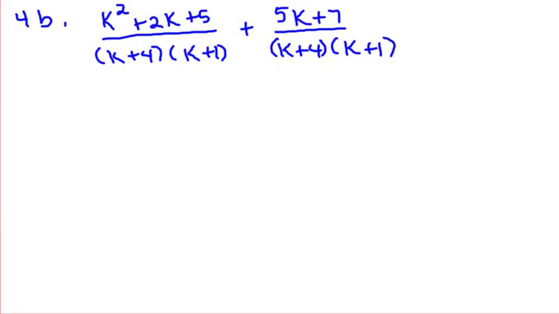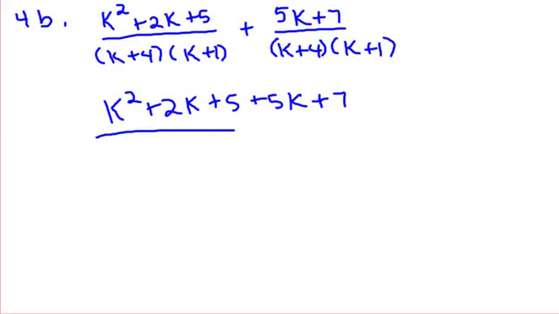So that means I have k squared plus 2k plus 5 plus 5k plus 7 divided by your common denominator k plus 4 times a quantity k plus 1.